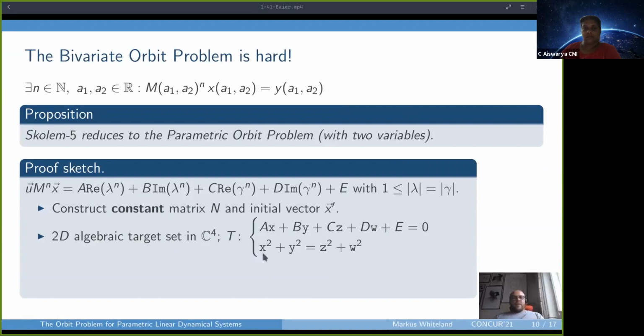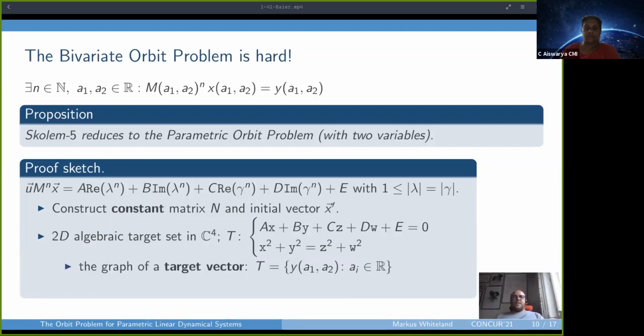So when we have x equals the real part of lambda to the n and y equals the imaginary part of lambda to the n, similarly z equals the real part of gamma to the n and w equals the imaginary part of gamma to the n, then we must have x squared plus y squared equals z squared plus w squared.